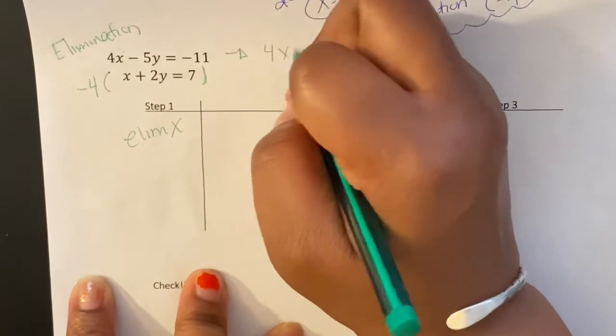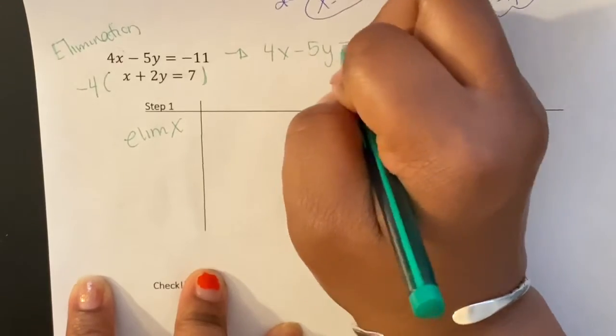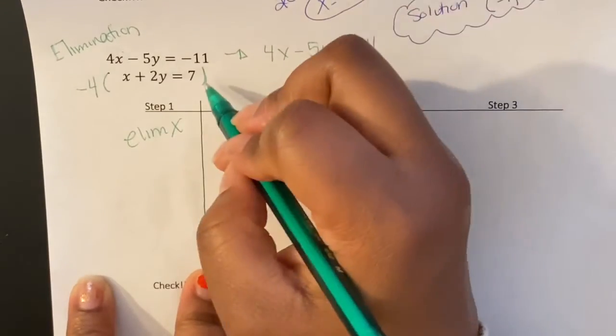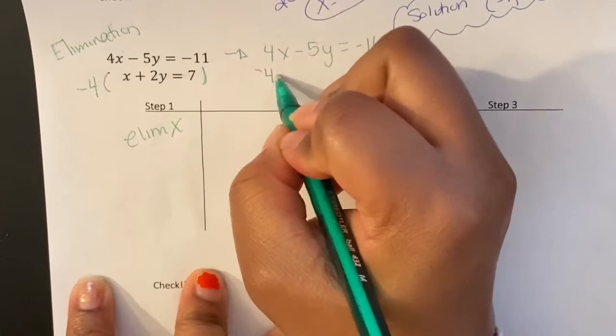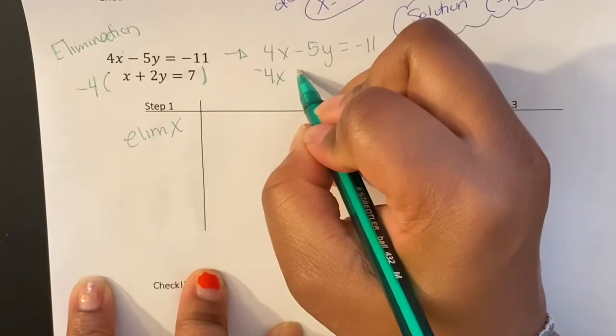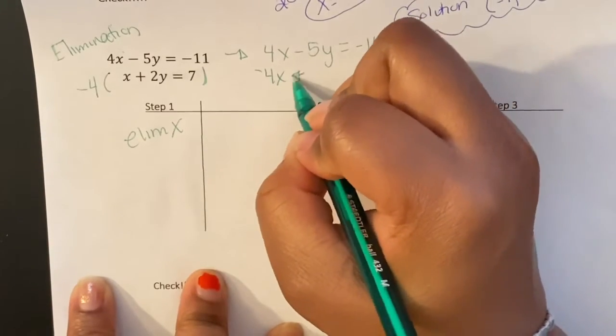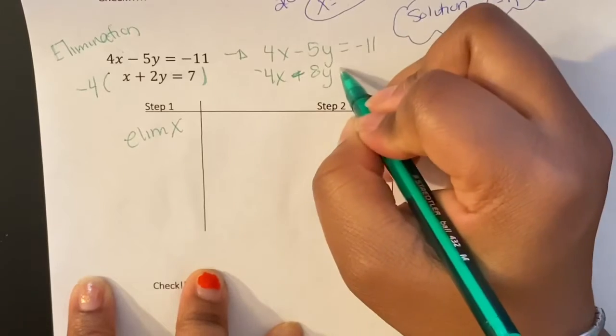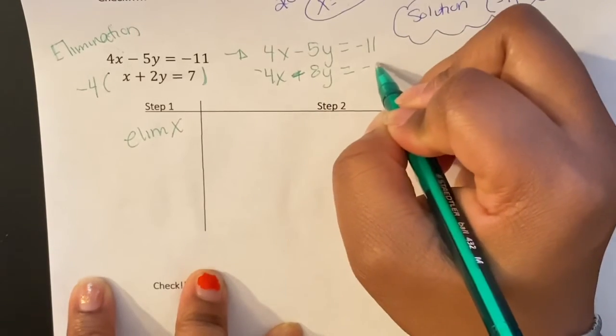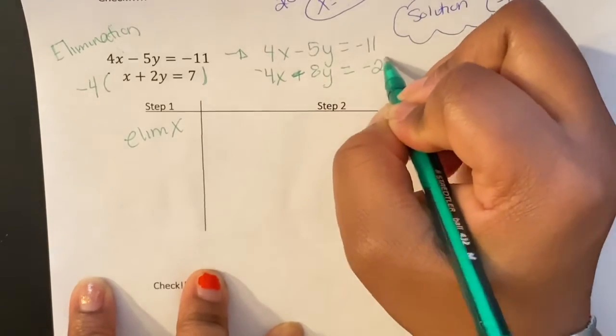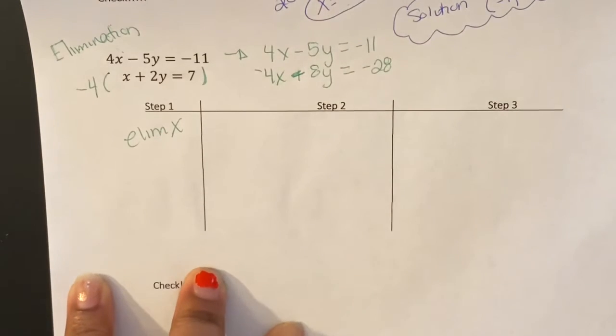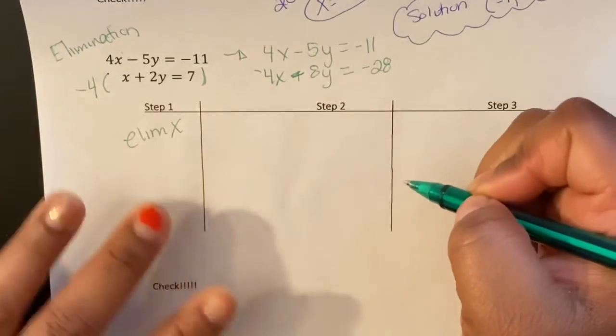I get 4x minus 5y equals -11. And on the bottom, I get -4x minus 8y equals -28. Okay, all I did was multiply that -4 in.